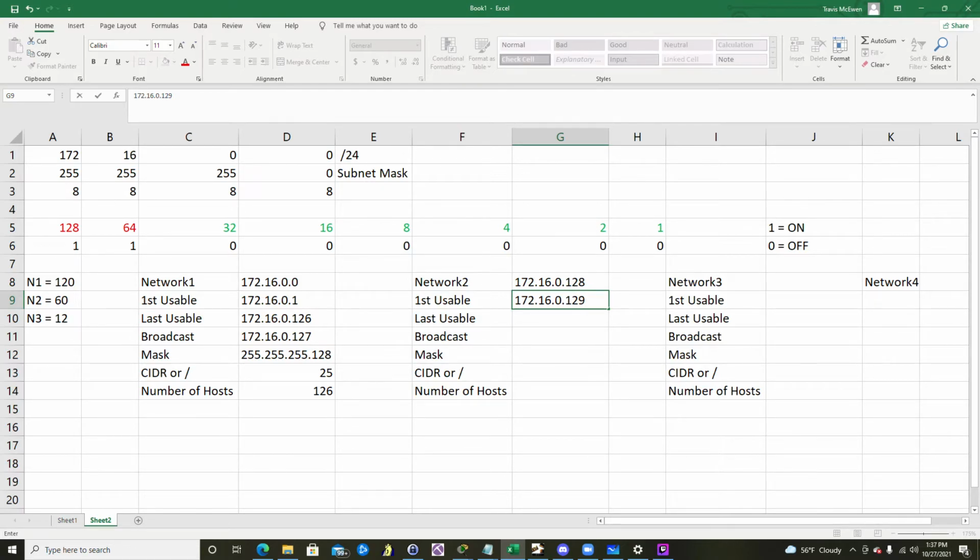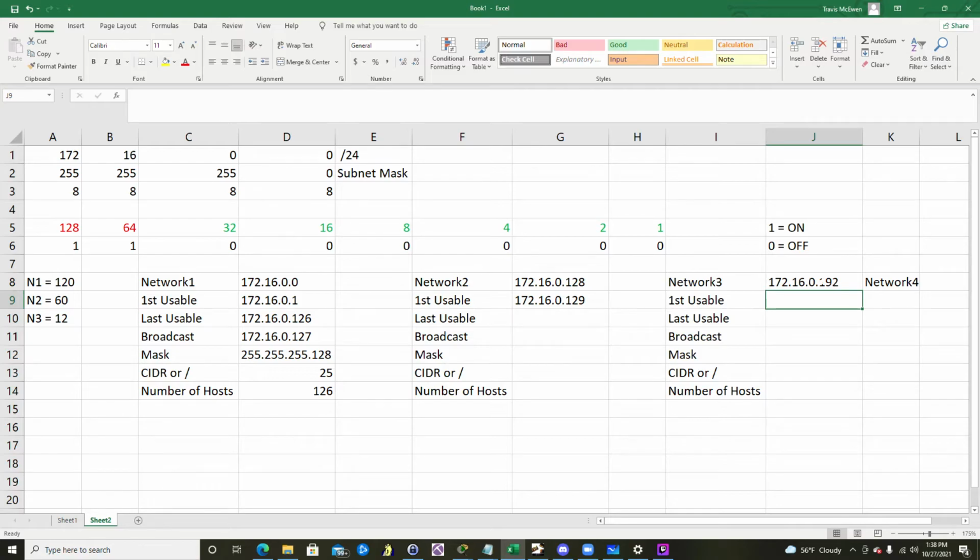And then where network 3 is going to be is we're adding the number directly to the left of our line where we've drawn in between the 64 and 32, that last red number right there. We're adding it to our current network, and that'll tell us where network 3 is. So we're adding the 64 to the 128, our current network and current octet we're working on. And so network 3 would start at 172.16.0, and 128 plus 64 is 192.